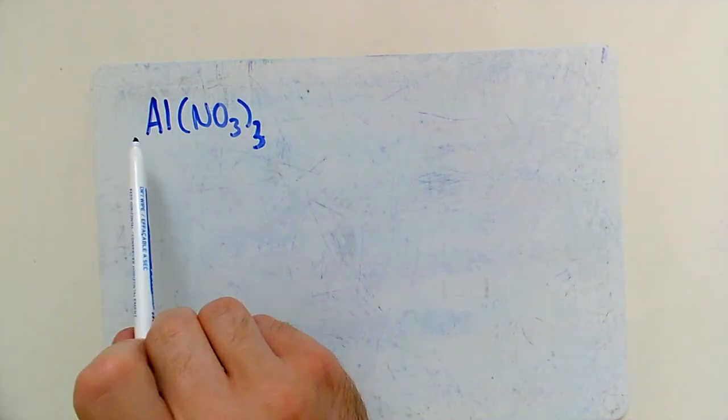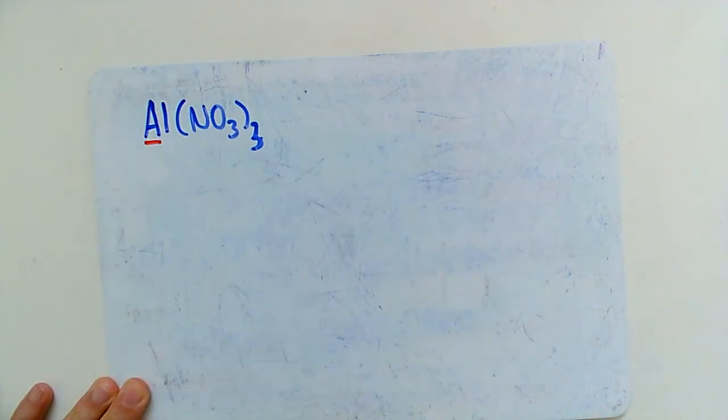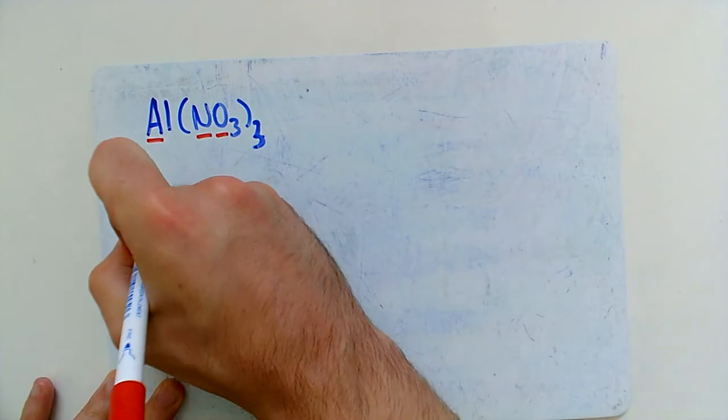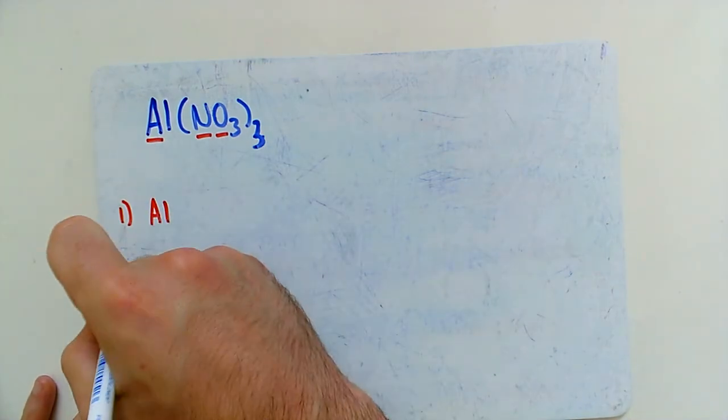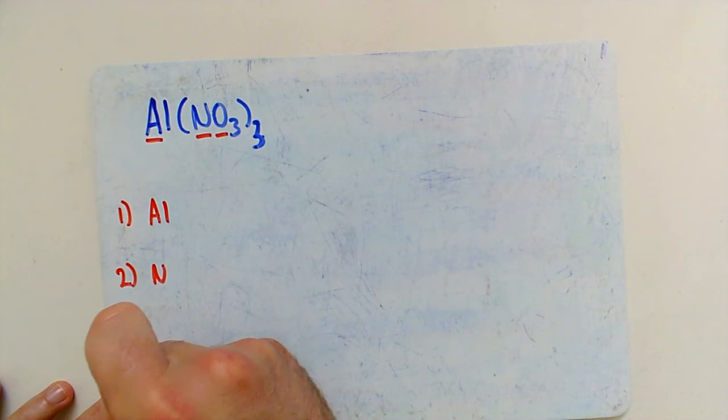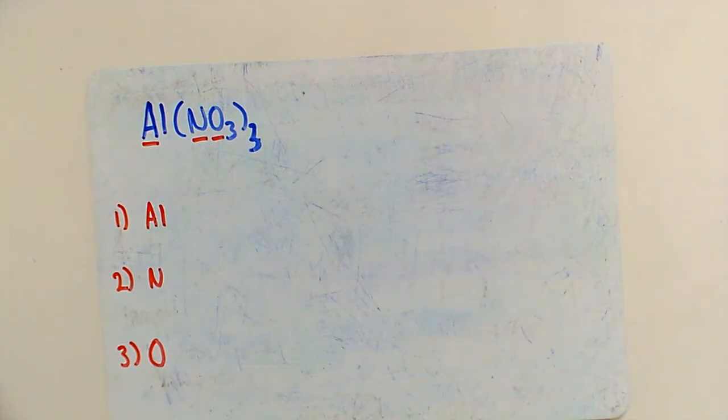So here, again, for working out the number of elements, we are looking for capital letters. So that's our starting point. So we've got a capital A, we've got a capital N, and we've got a capital O. So that means our first element is Al, our second element is N, and our third element is oxygen.